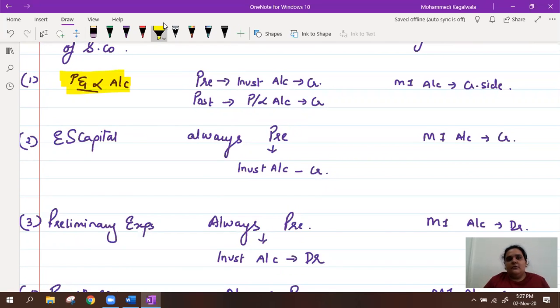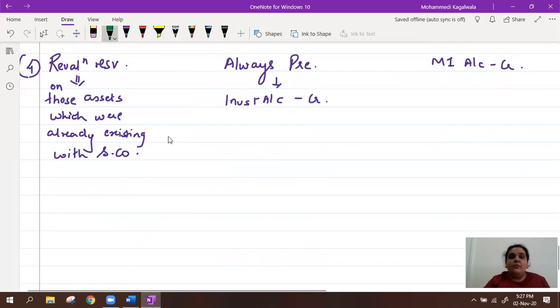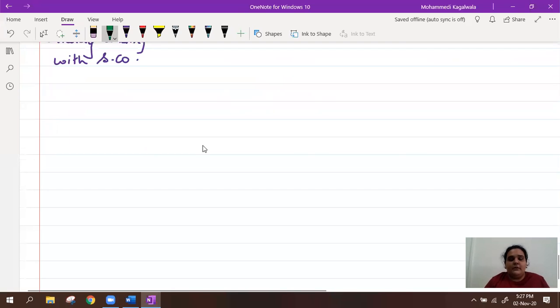Then you are done. So in profit and loss account, what we will take care of, how we will come to know if they have not given whether this profit is pre and whether this profit is post. Here we will see the date of acquisition. Date of acquisition means the date on which the holding company invested in the subsidiary company.